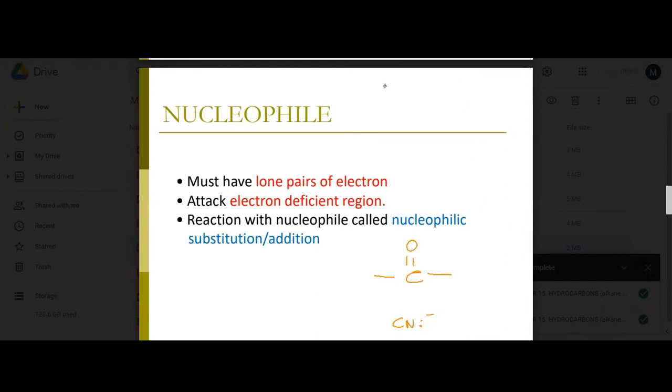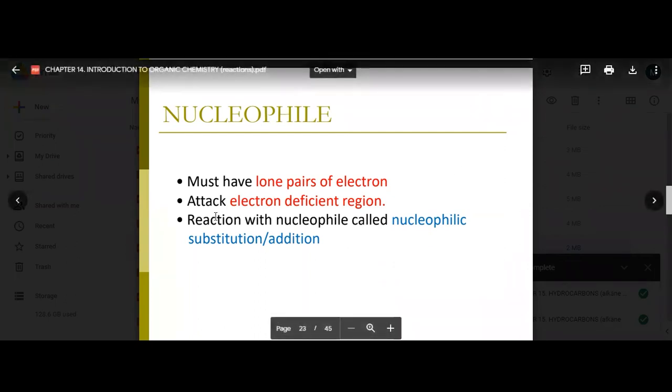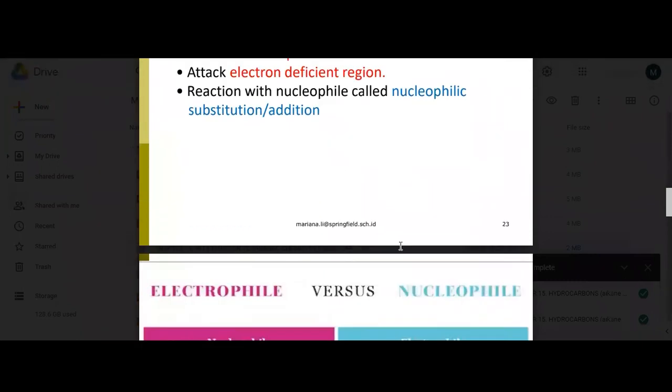You can see that oxygen here is negative, so carbon here is positive, because polarity goes to oxygen, right? So the carbon here is quite positive. So the CN minus will try to attack this side. This is a nucleophilic reaction. Later on you will learn that this is the type of nucleophilic addition. That is what it means to attack the electron deficient region.